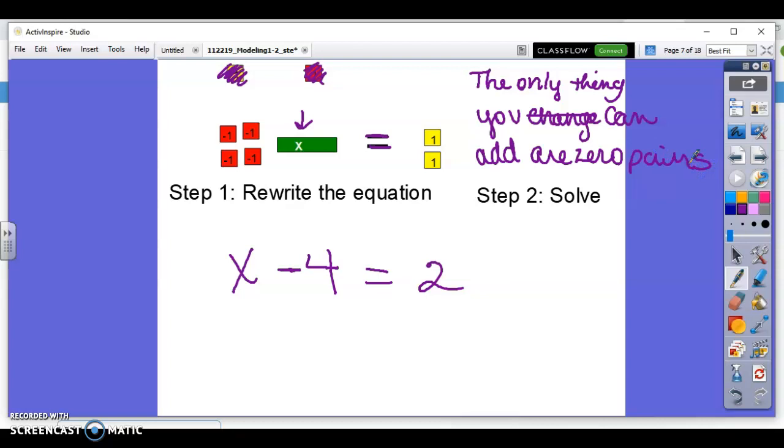I can keep adding 0 to everything and it doesn't really do anything to each side. So a 0 pair. The word pair means 2 and 0 means it has no value. So a 0 pair in this case is going to be, if I add a negative, I have to add a positive with it, because if you add a negative plus a positive, it's going to give you 0. So make sure you have all that copied down. You can press pause if you need to take a second.